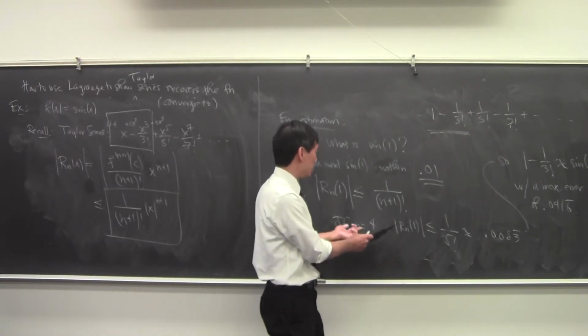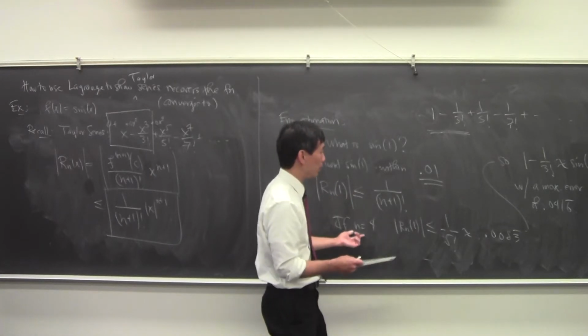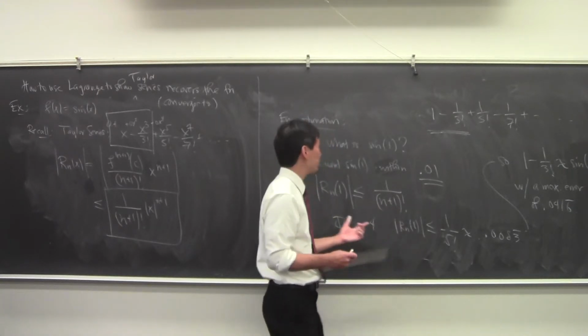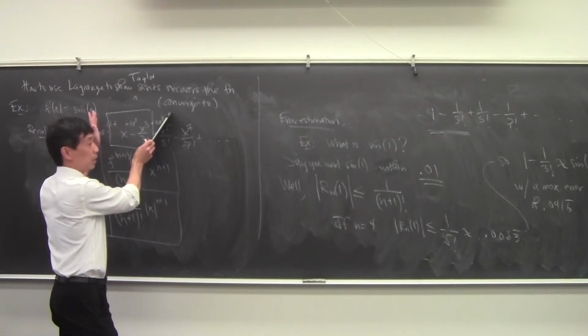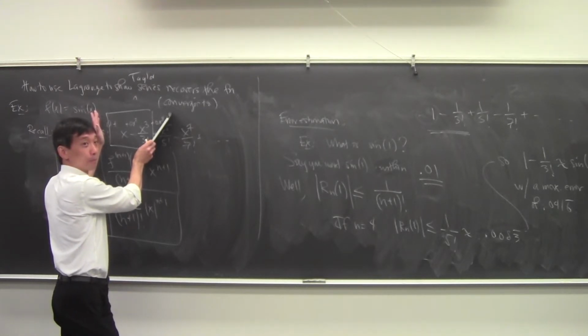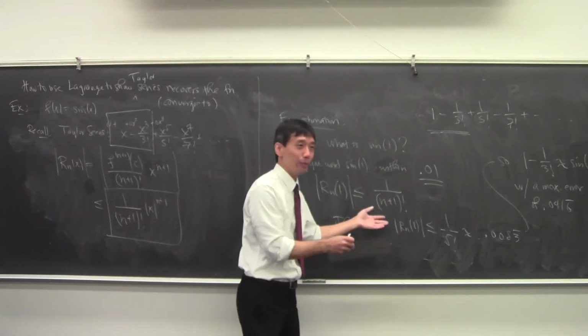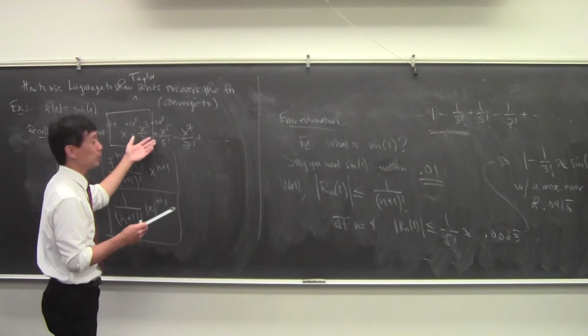If we plug it in, we see that the error is smaller than 0.01 once we get to n equals 4. Once we get to the 4th term, the theorem says you're within 0.01. Now there is no 4th term, so what the theorem is telling us is that actually the first three terms are good enough.